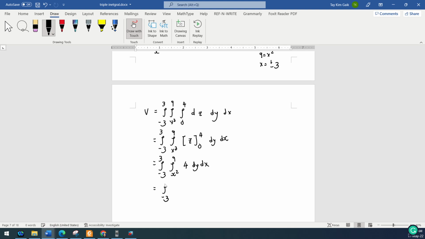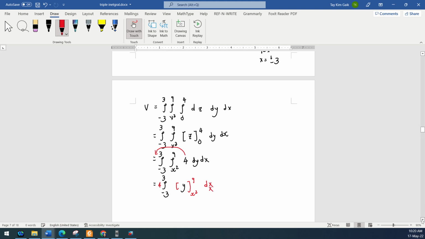Integrate 4 with respect to y, you have 4y. I can factor out the 4 outside, so I just put in the limits for y. Integrate 1 with respect to y is y. So 4 is factored outside.